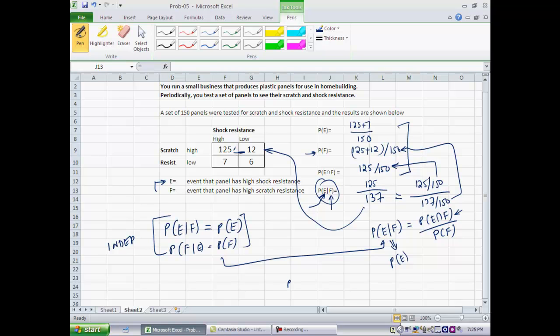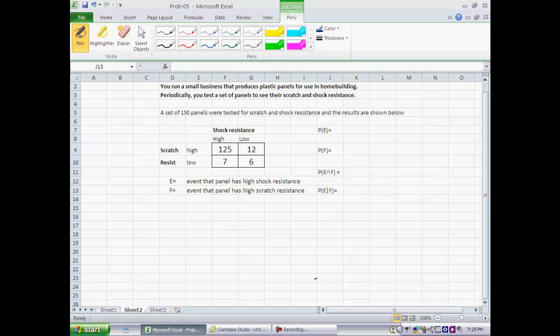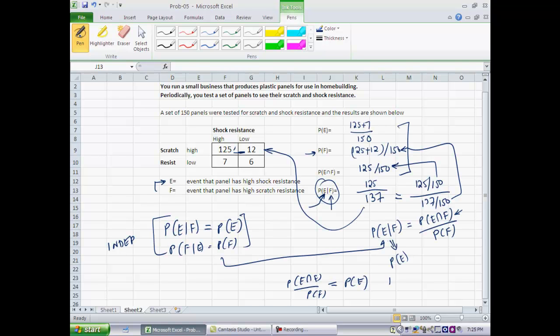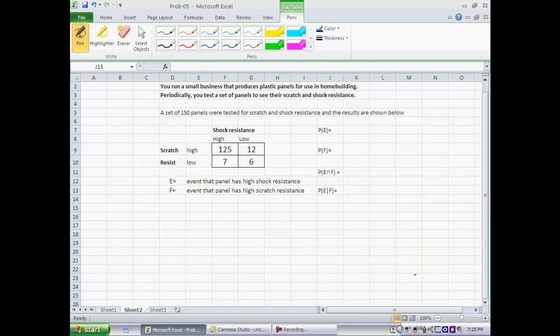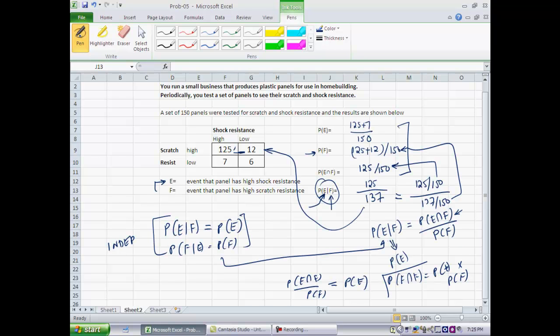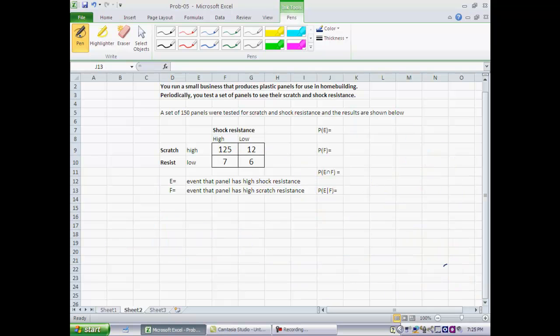I get P of E and F divided by P of F is equal to P of E. Correct? In other words, P of E and F is equal to P of E times P of F. Okay, so this is the very famous multiplicative law.